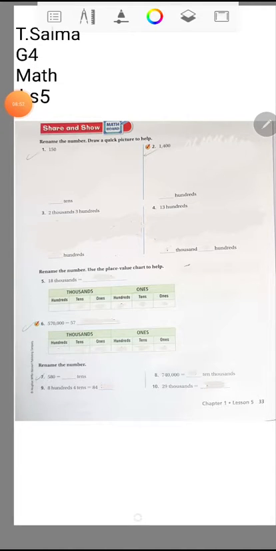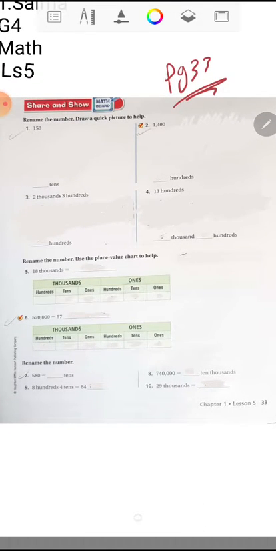Okay, now let's continue on page 33 and see the exercises. Number 1: write or draw a quick picture to rename the number. I will use the base 10 blocks. The first one, 150, I want to use the tens to describe.